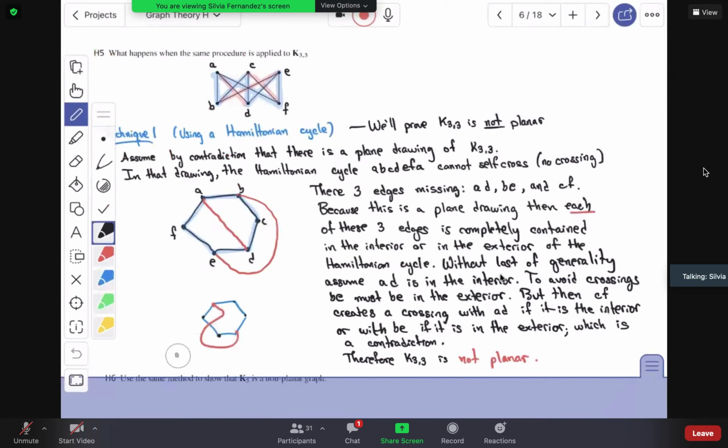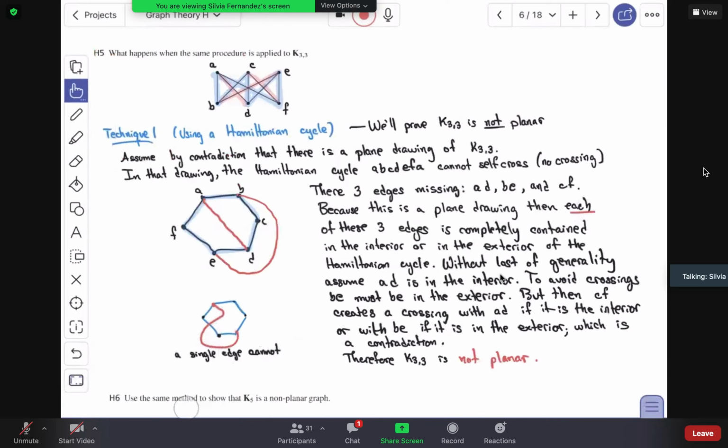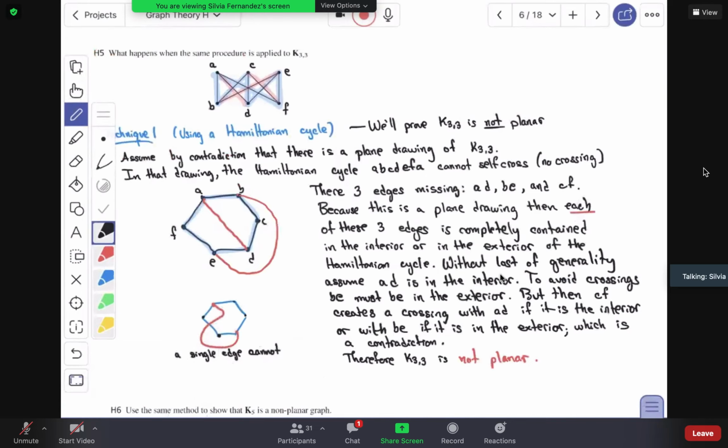Yeah, so a single edge cannot be partially in the interior and exterior of that Hamiltonian cycle.